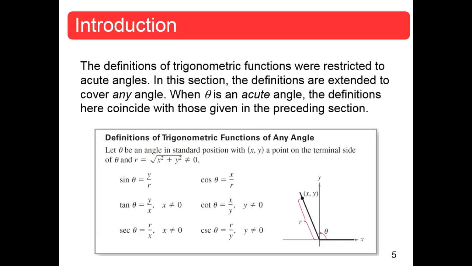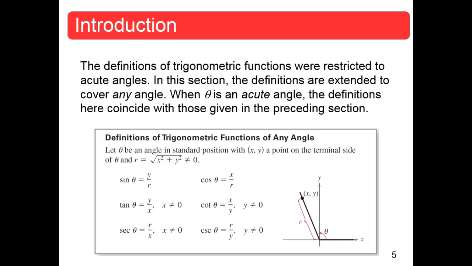So the definition of the trigonometric functions, any angle: let theta be an angle in standard position, with x being the x coordinate and y being the y coordinate. Standard position means you're measuring that angle from the positive horizontal axis.